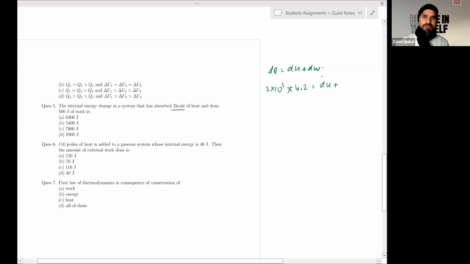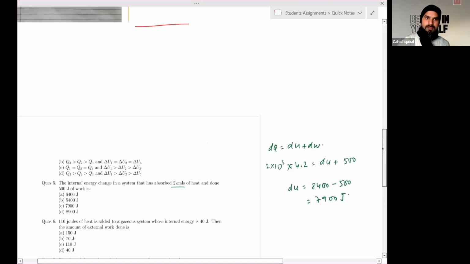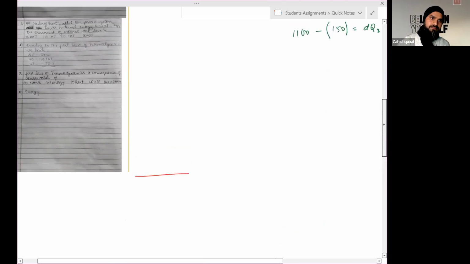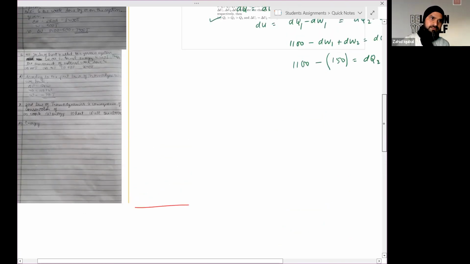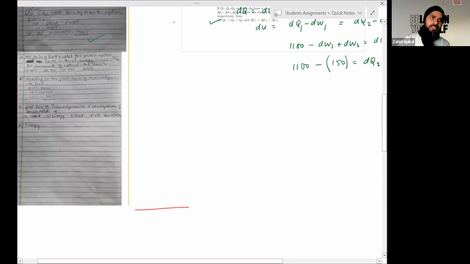The amount of work done by this system is 500 joule. So du will be 4.2 into 2, 8.4, into 1000, 8,400 minus 500, so I think 7900 joule. Option C will be correct. Good.